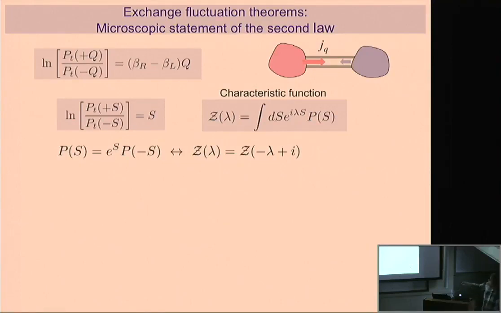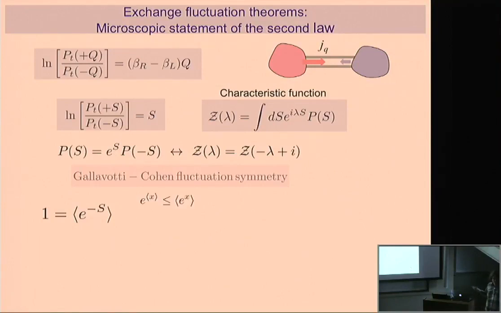Yeah, so we can translate the fluctuation symmetry to a symmetry relation for Z, a very straightforward result. And furthermore, from the fluctuation symmetry, you can get this equality. And I mention it because from here we can immediately derive the second law. We have this relation, Jensen's inequality for convex functions, where the convex transformation of the mean is always below or equal to the mean after the convex transformation.